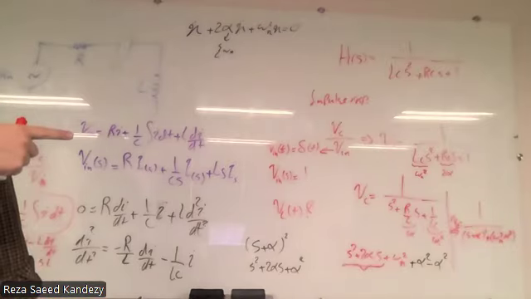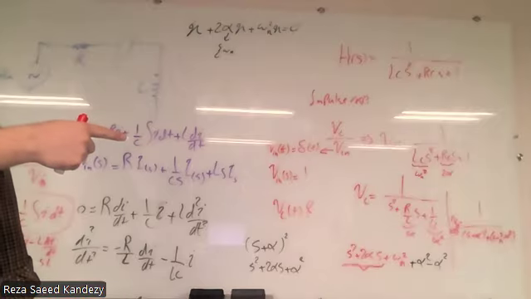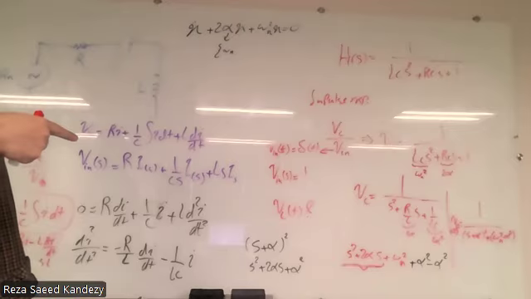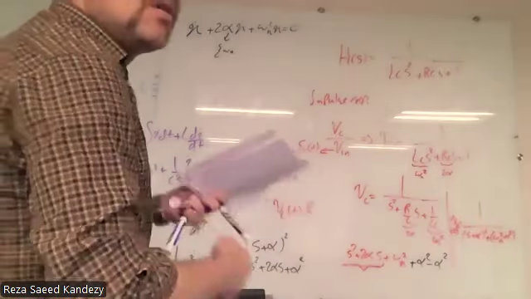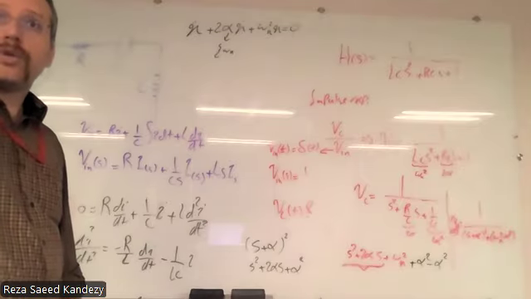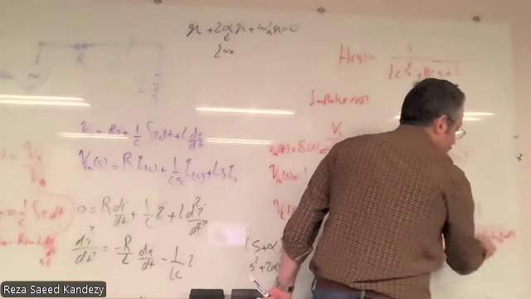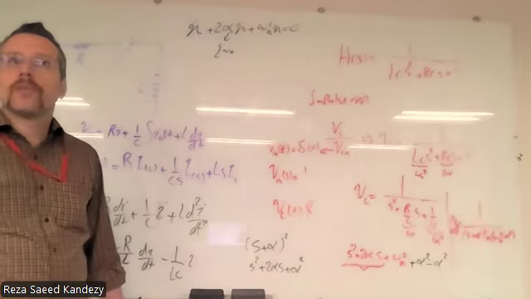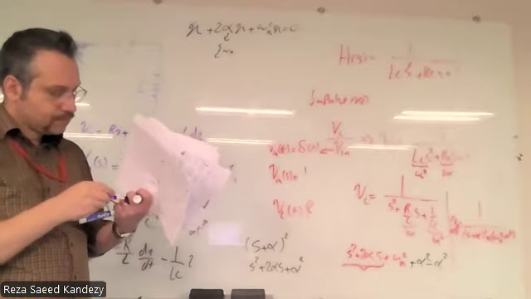It is still not the Laplace of the sine. What should I do to make it the Laplace of the sine function? On the numerator, you have to have the square root of whatever you have here that is added to the s term. Correct? So I'm going to multiply and divide by that square root.